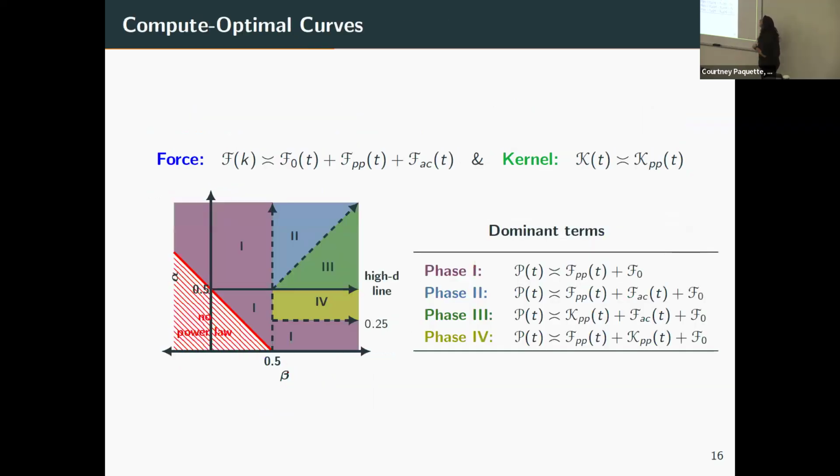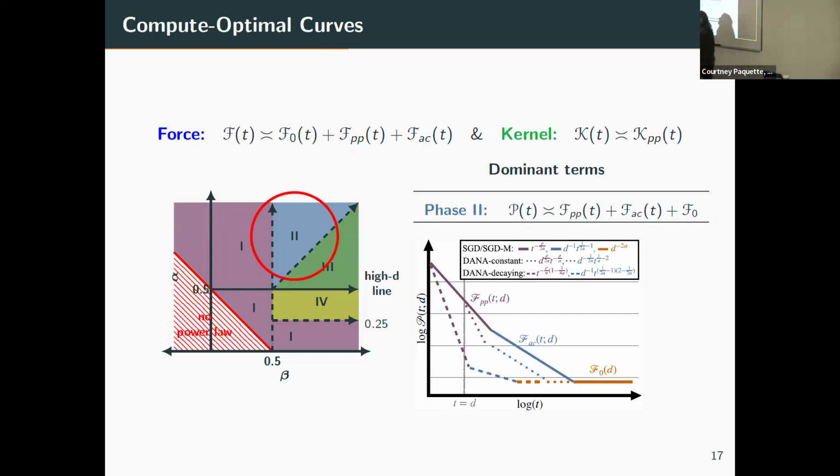And what you can show then is that for different alpha and beta, different parts of the forcing and kernel actually dominate. So for instance, if you're in phase 1, just FPP and F0 dominate. If you're in phase 3, KPP, FAC, F0 dominate.